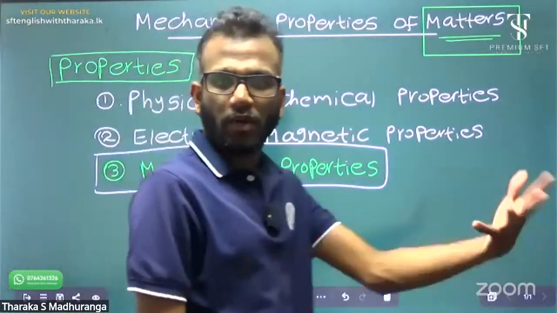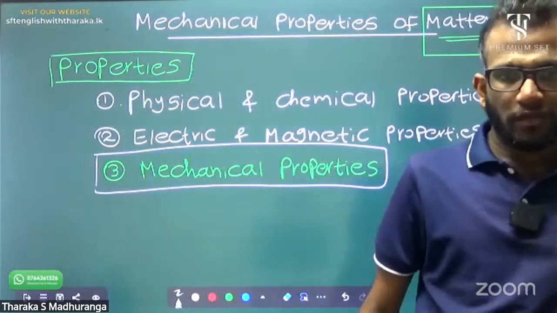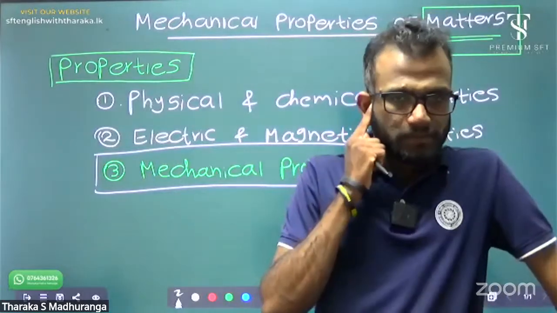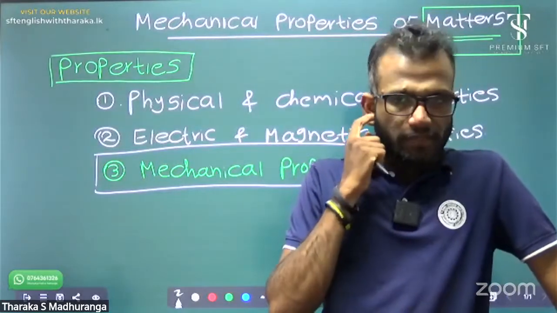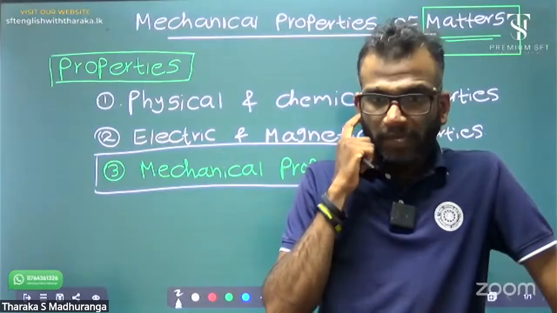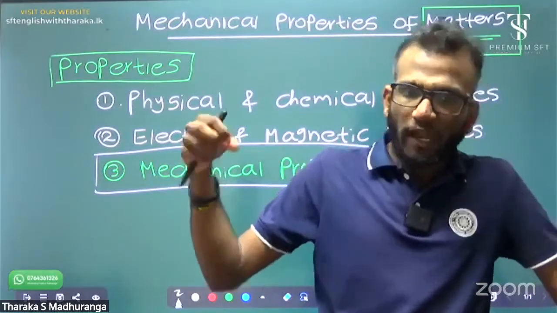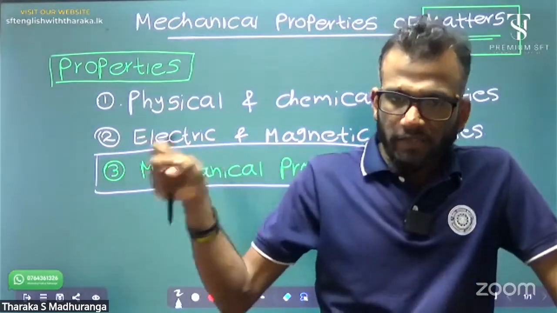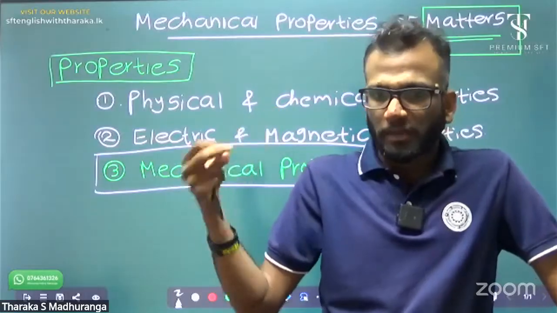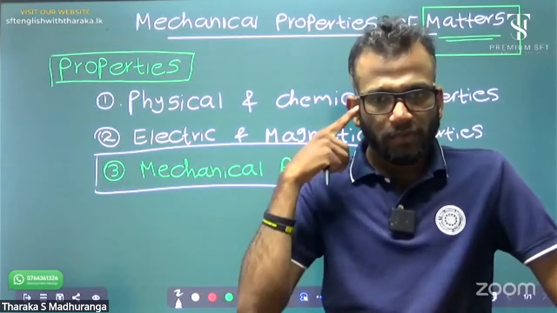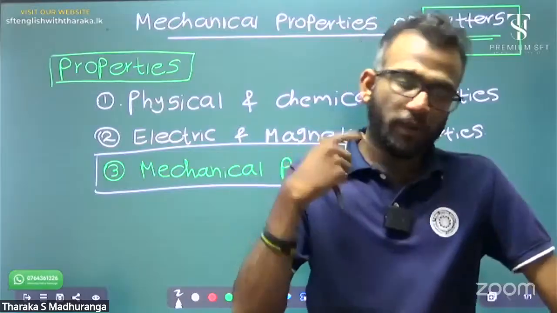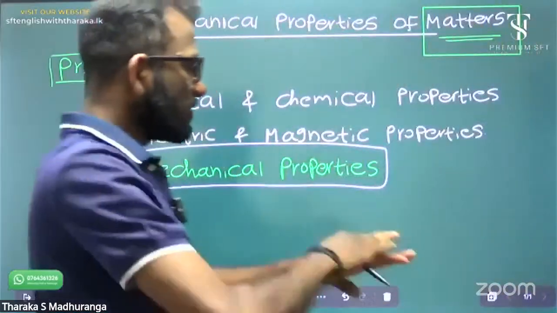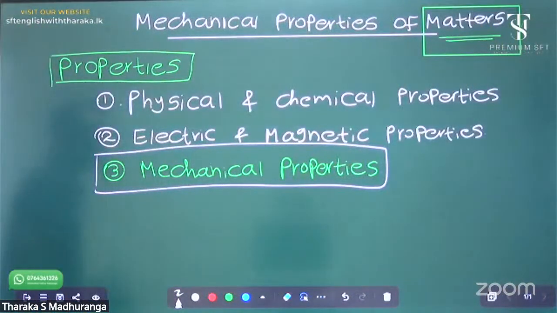I think in O level you didn't have any lesson on mechanical properties, elasticity, non-elasticity, extension, no? That's a new part. That's why we are doing it at a very basic level.